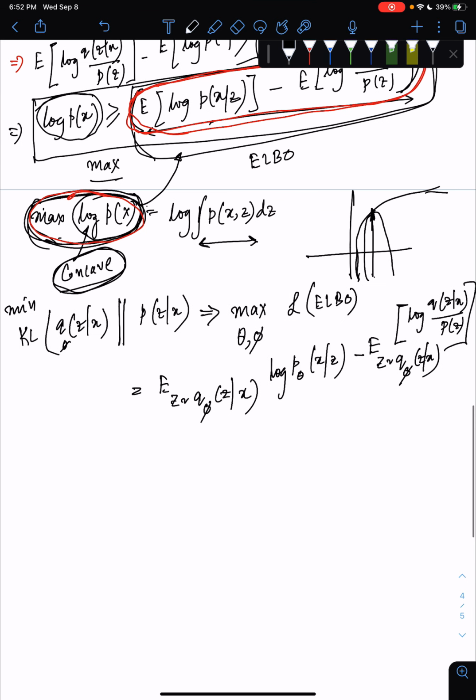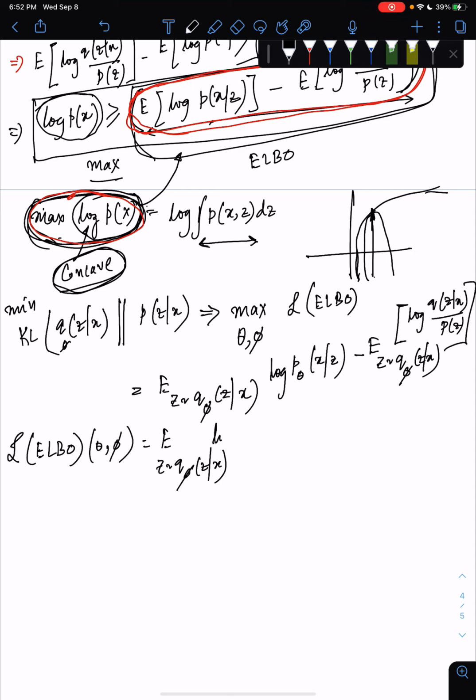So this ELBO can also be written like this. This expectation is the same, so I'm just writing this expectation here, minus the other term.